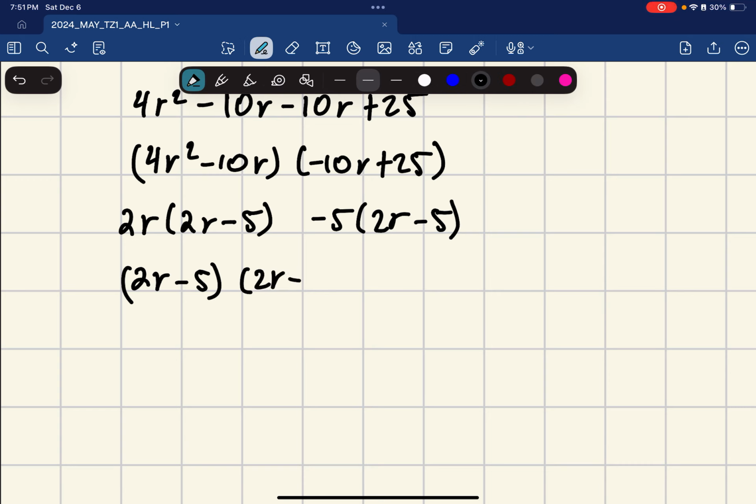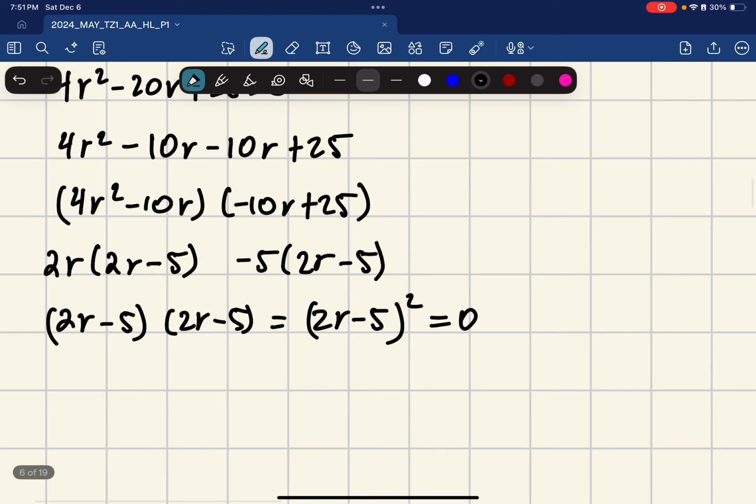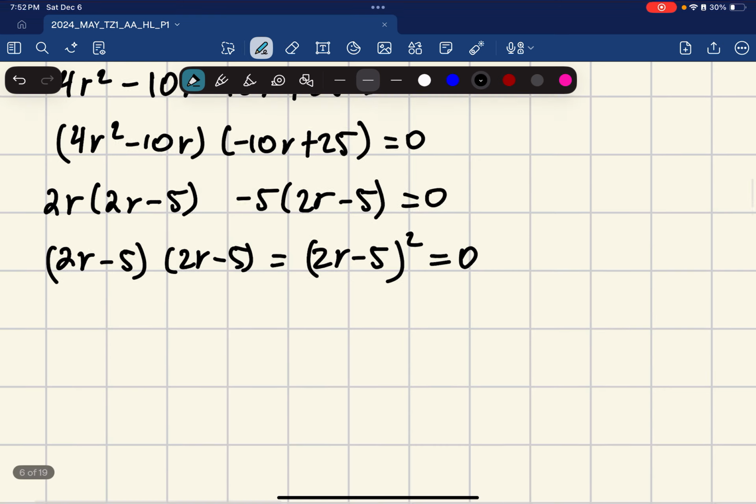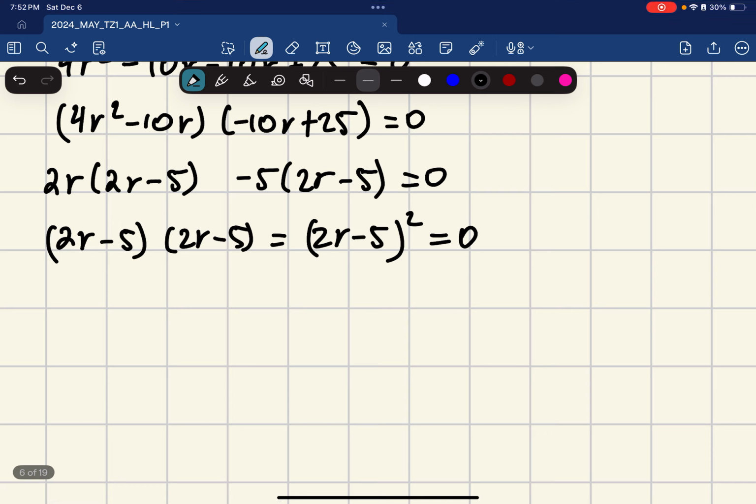2r minus 5 squared, sorry. So 2r minus 5 squared is actually equal to 0. Remember, because this whole thing was equal to 0, I just forgot to put it down there. I can now solve for r.